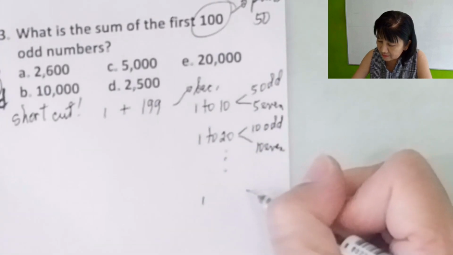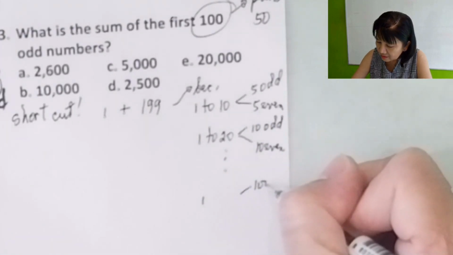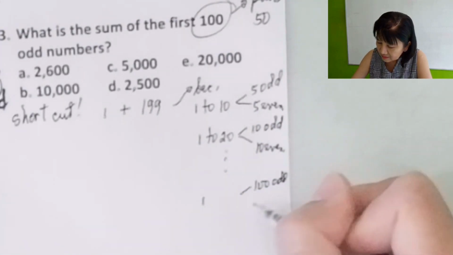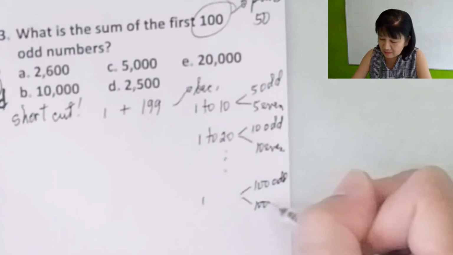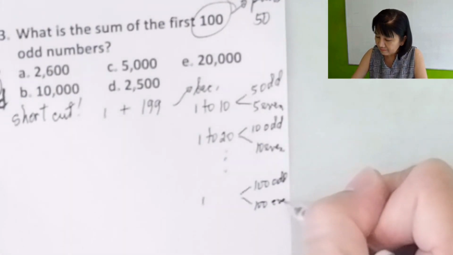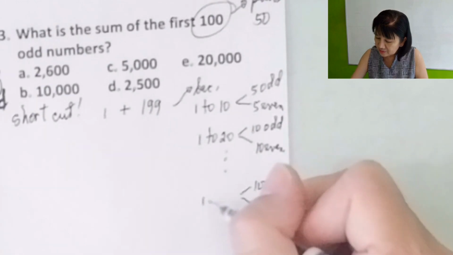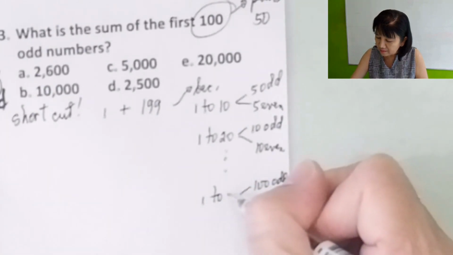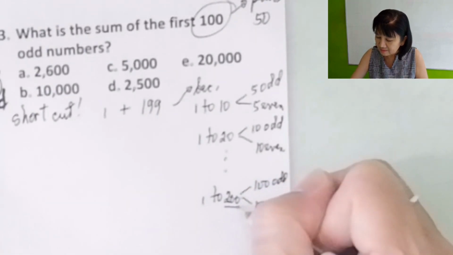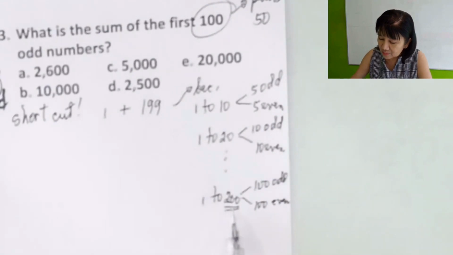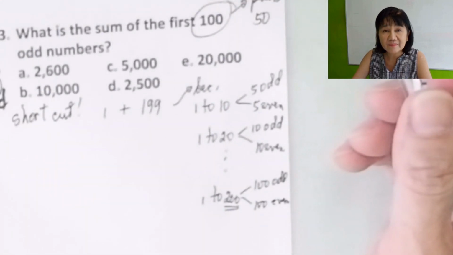Therefore, if you want 100 odd and 100 even, then you should take the numbers from 1 to 200. That makes the smallest to be 1 and the largest to be 199.